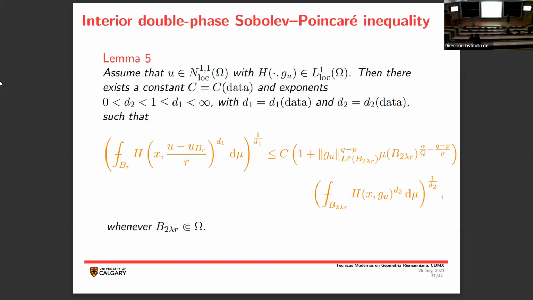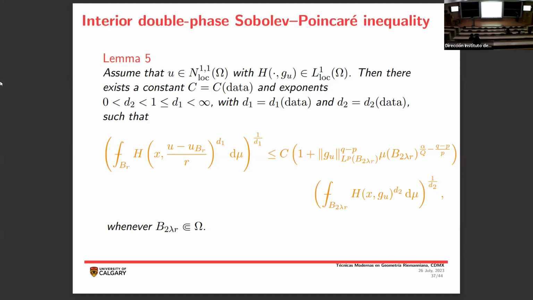One might think, well, why didn't you just absorb this term into the constant? We have 1 plus the L^p norm of g_u on a certain ball to the power q minus p times something.